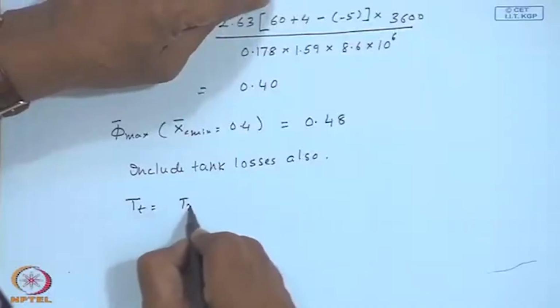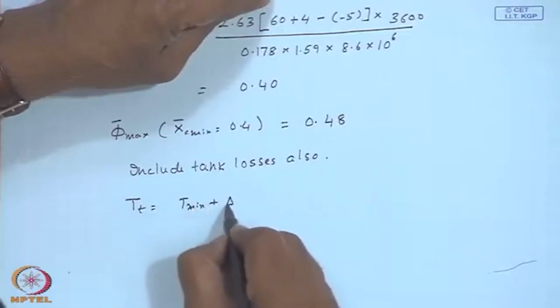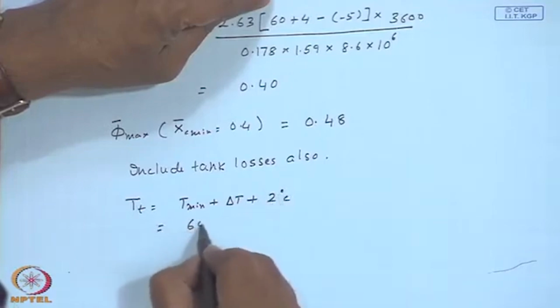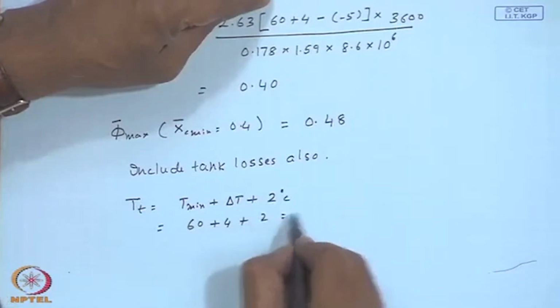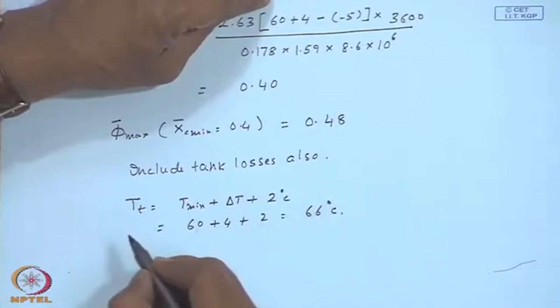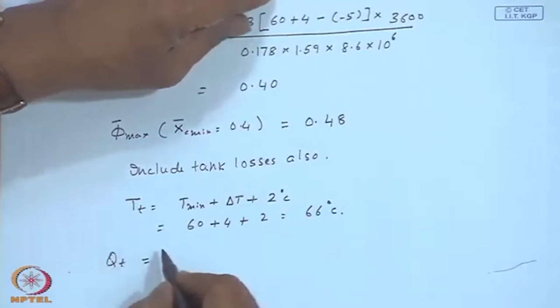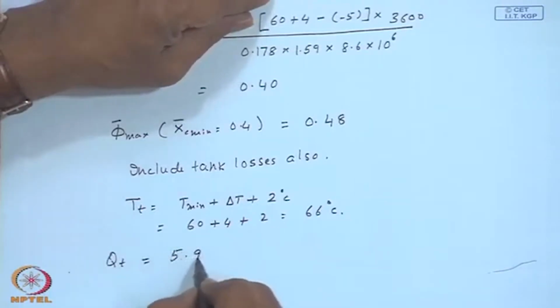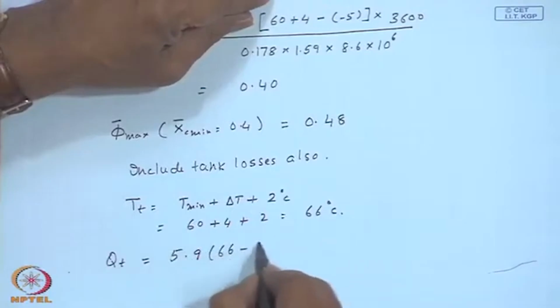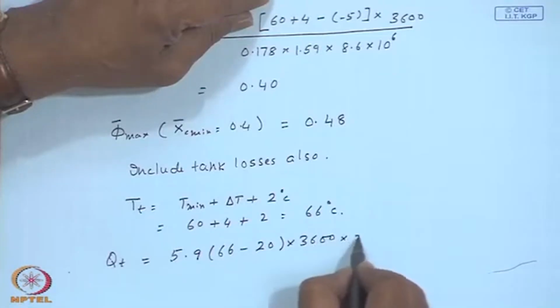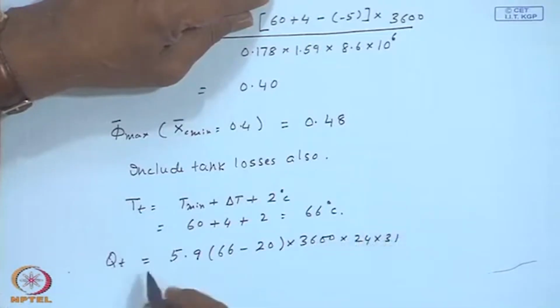Now, the T minimum has become T minimum plus delta T plus, let us say, 2 degrees C. That will be equal to 60 plus 4 plus 2 equal to 66 degrees C. So, Q tank loss from the tank now will be slightly different from the previous calculation, 5.9 times 66 minus 20 times 3600 into 24 into 31, that is, it will be in joules, a large number, this is equal to 0.73 gigajoules.